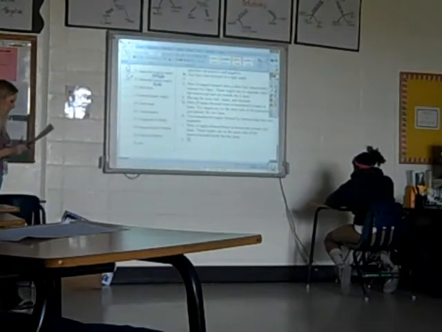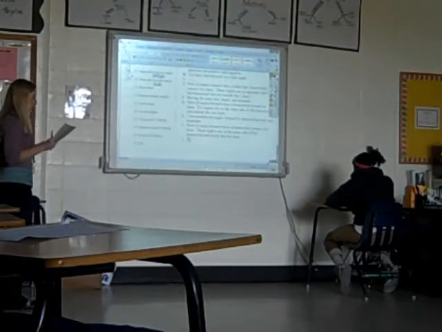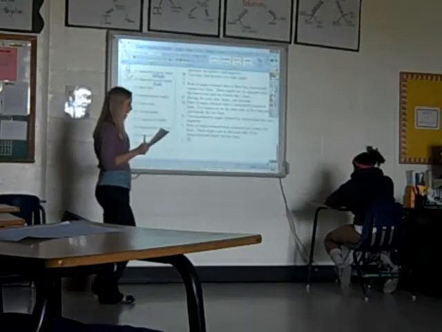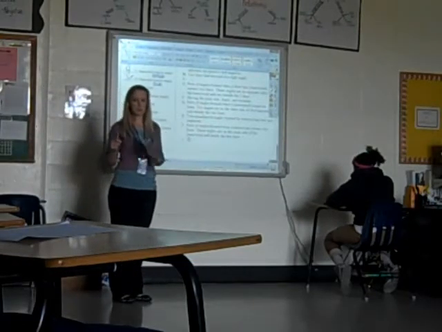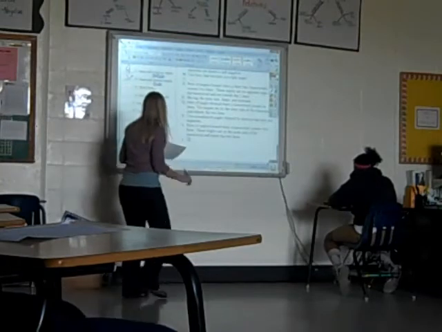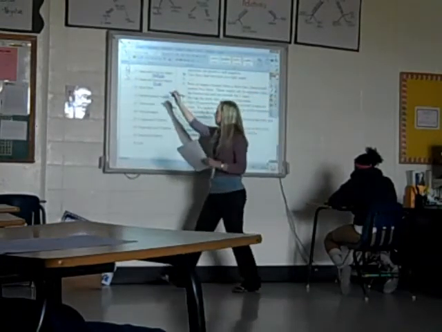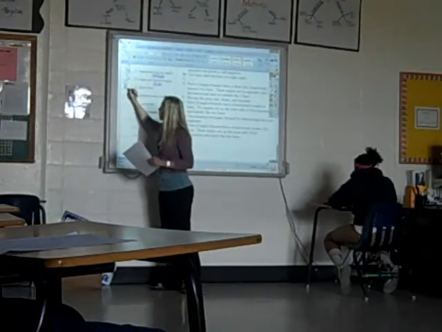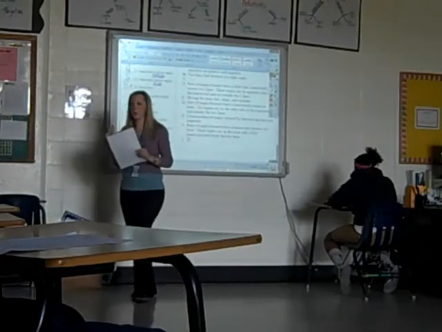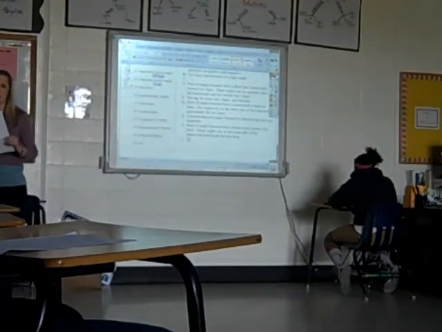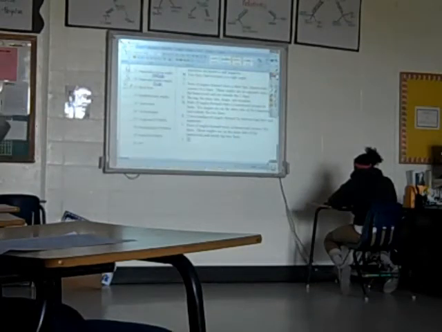All right, number 13, skew lines. B. Yes. Two lines that do not lie on the same plane cannot be parallel or intersecting. Good. Because parallel lines and perpendicular lines have to do what? What's the similarity?